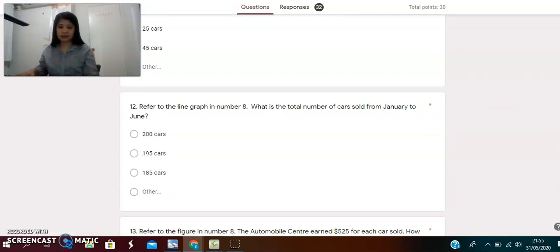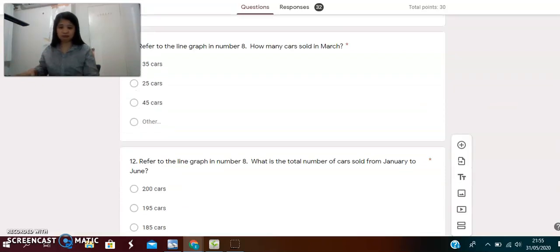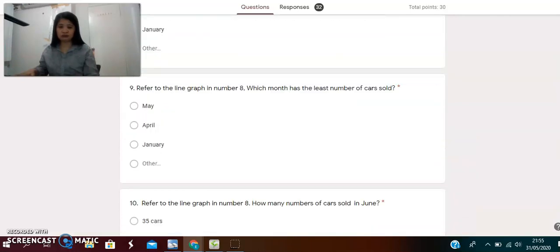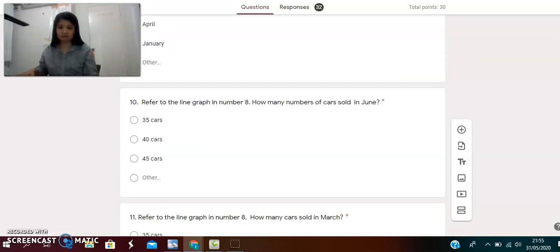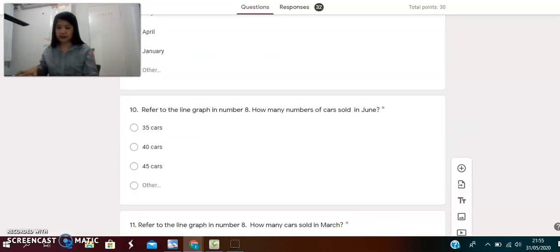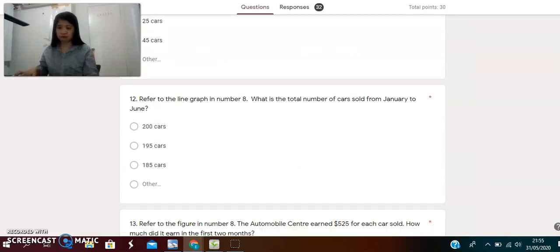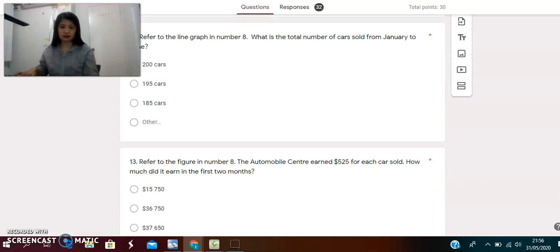Next, number 12. Refer to the line graph in number 8. What is the total number of cars sold from January to June? So you add all of them: 30 plus 40 plus 25 plus 45 plus 20 plus 35. And the answer will become 185. That is number 12. So the answer is 185 cars. Next, refer to the figure in number 8. The automobile center earned $525 for each car sold.